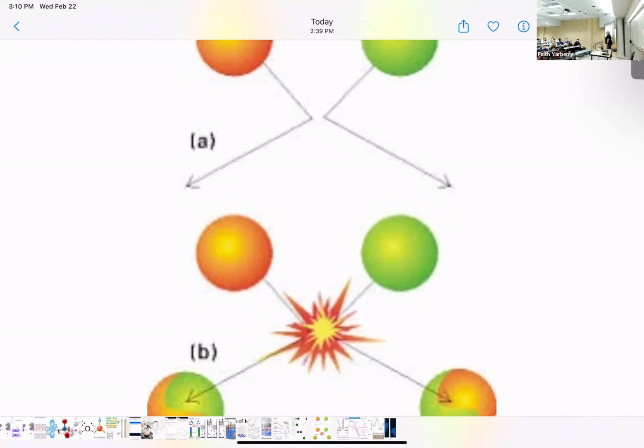If they don't have synergy, they're just going to bounce off of each other. They have to come in with the correct energy. Only if they come in with the correct energy do you have the ability for those to collide and form something.